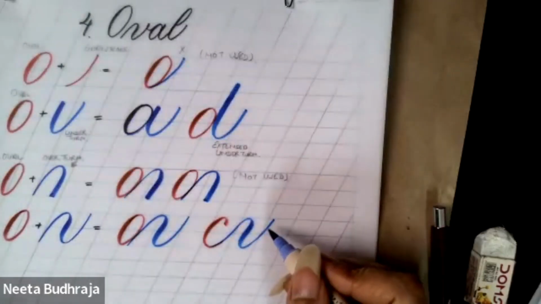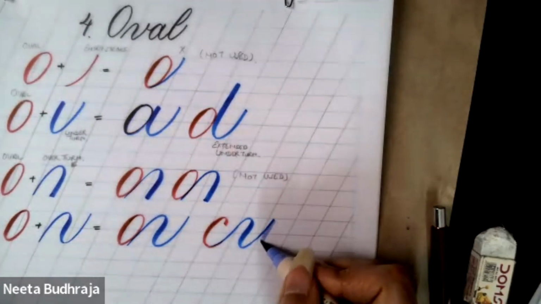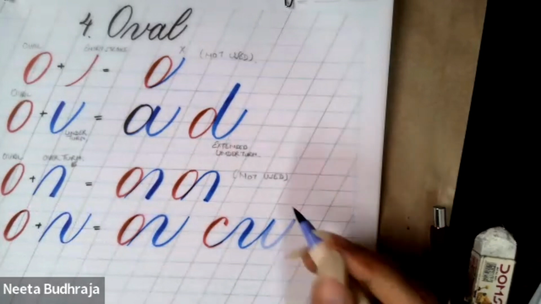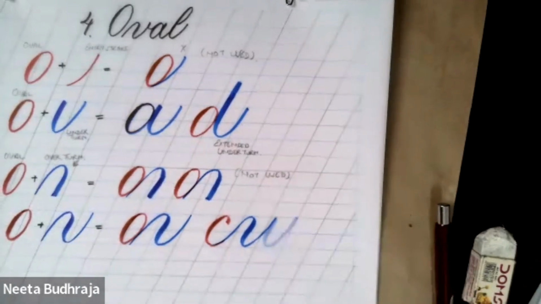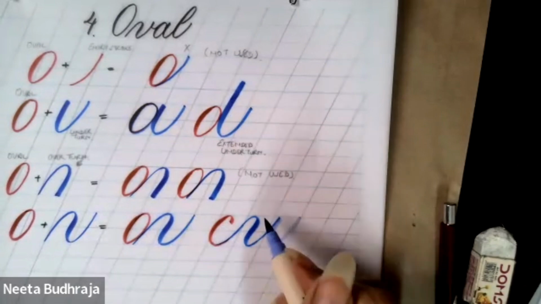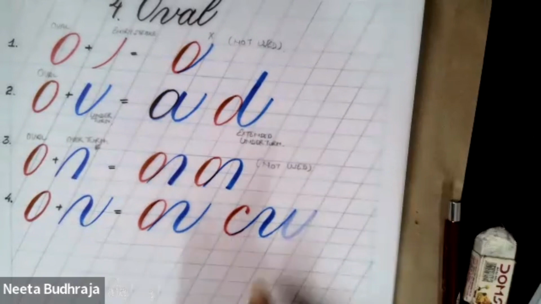So if we are combining it like this, it can be used with CU, like in cute. So we can use this by combining it with our letter U with a little variation in that. Yes, we can use that.